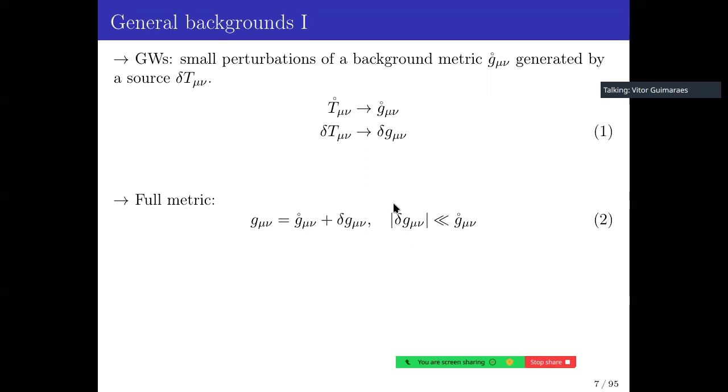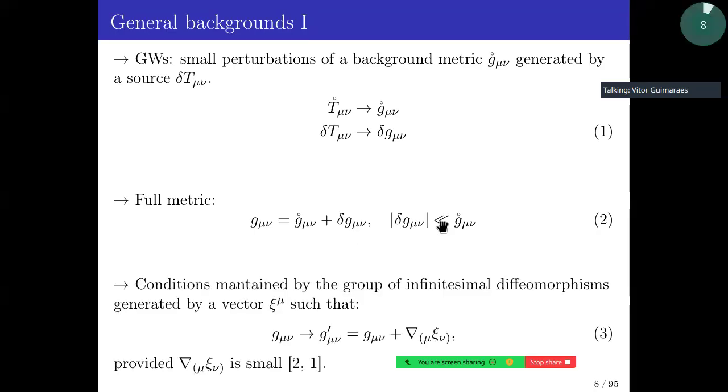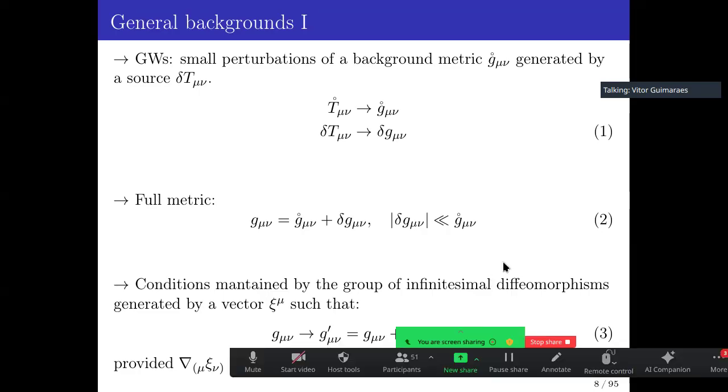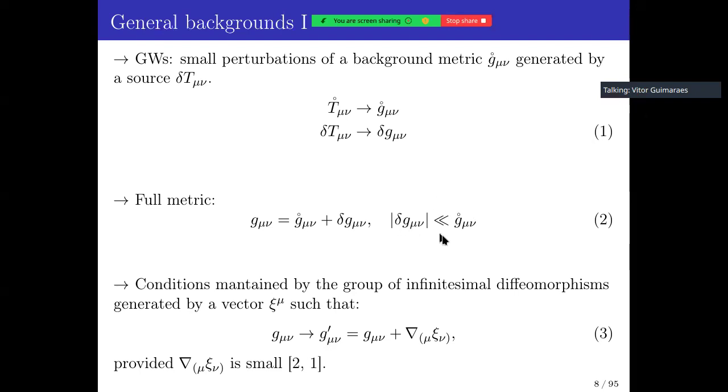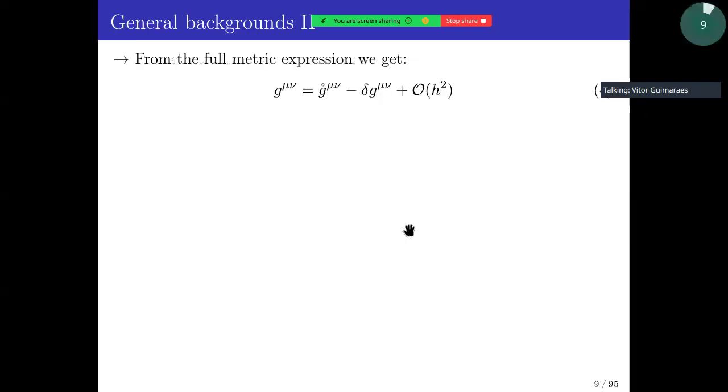And here we have that condition for the perturbation to be very small, right? Which we now know that we can preserve as long as we find the right infinitesimal transformation, infinitesimal diffeomorphism, and calibrate this vector here appropriately, so as to maintain this condition that the perturbation is very small compared to the background components. All right.